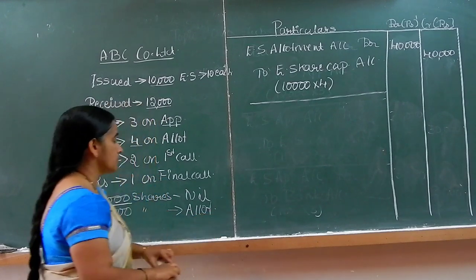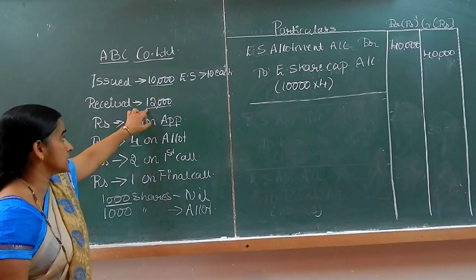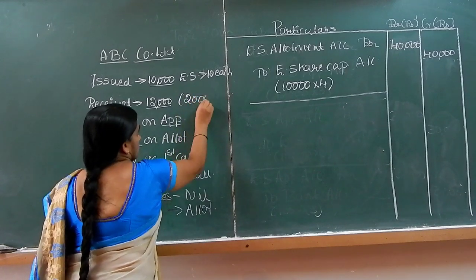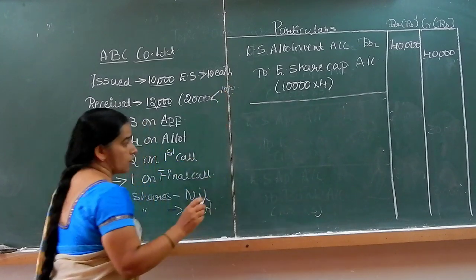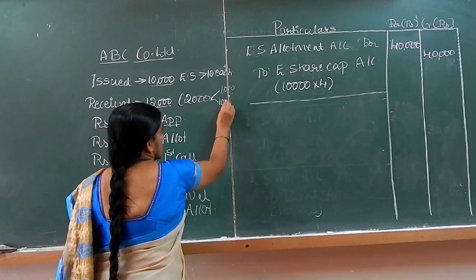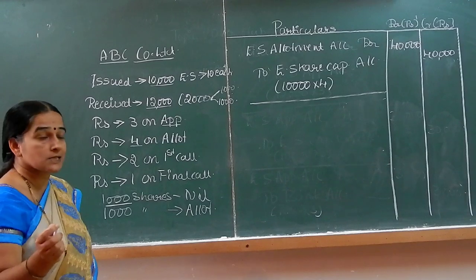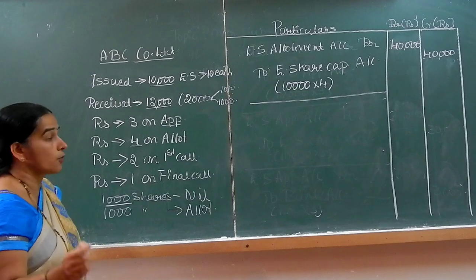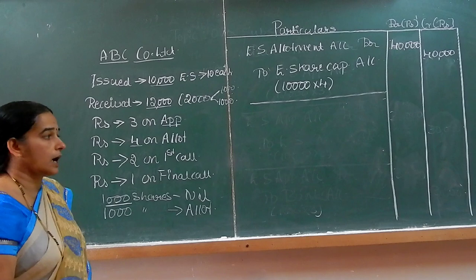Next, one more sentence is given in the question. Now what is the oversubscription here? How many shares are oversubscribed? That is 2000. Out of 2000 shares, 1000 share application money is returned already in the third journal entry, and remaining 1000 share application money will be transferred or adjusted towards the allotment. So what is the journal entry now we are going to make while adjusting the application money to the allotment?